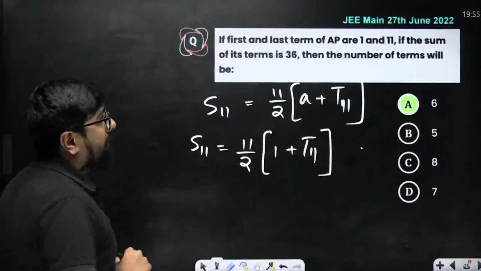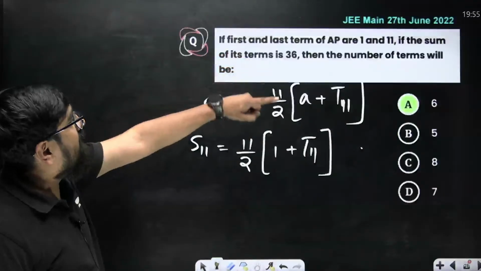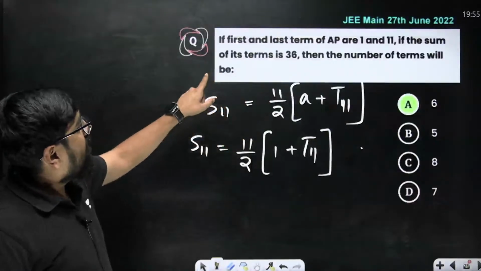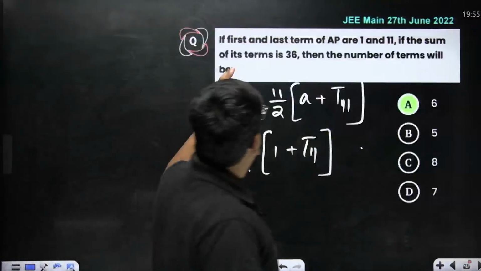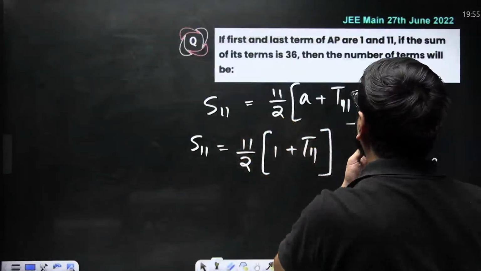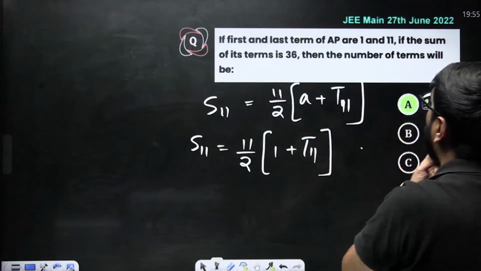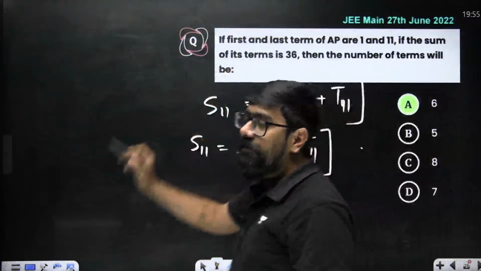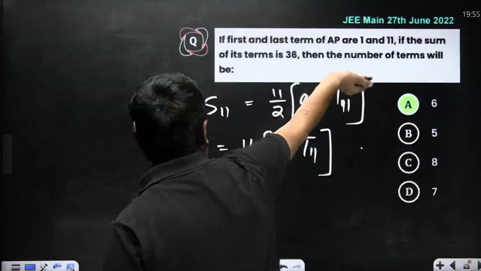First and last term are 1 and 11, and the sum of its terms is 36. Not 36 terms, the sum of its terms is 36. That means 11 terms are only there if they are saying the last term is 11.